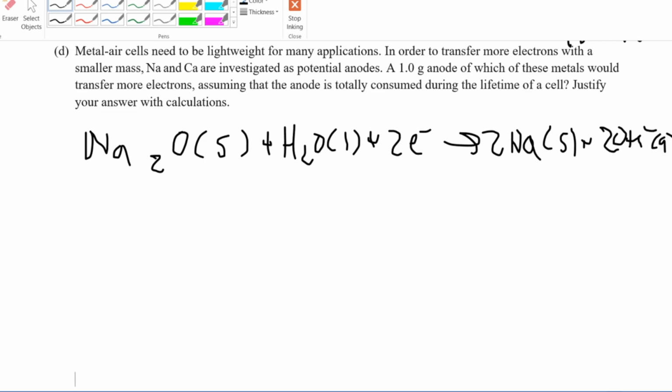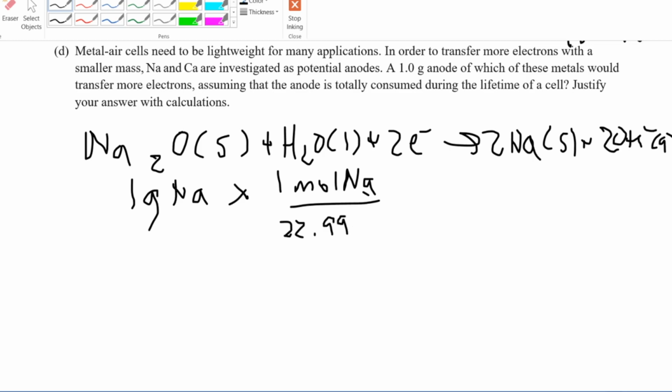Let's say we only have, as the problem implies, only 1 gram of sodium. We know that 1 mole of sodium, if you look at the periodic table, is 22.99 grams. You could just say 23, that should be perfectly fine. Sig figs are not a big thing.